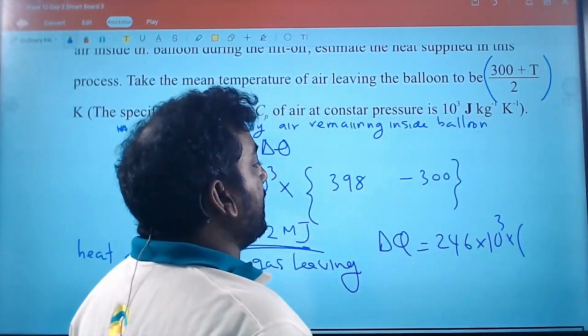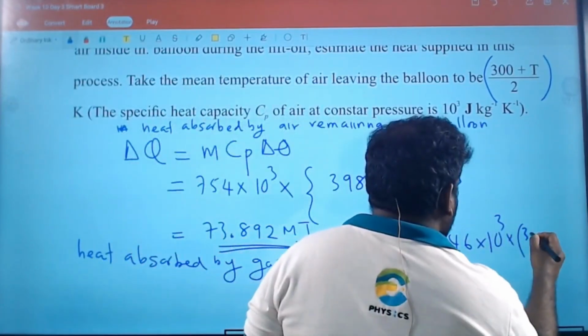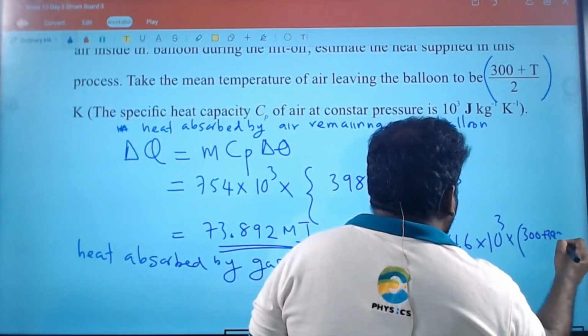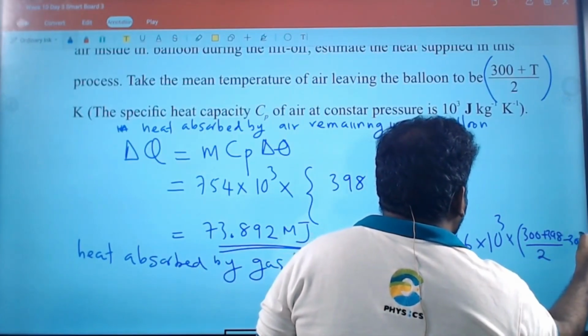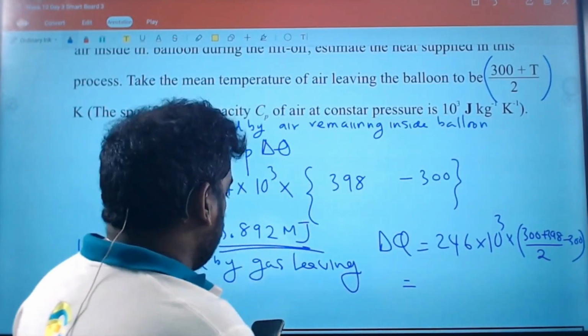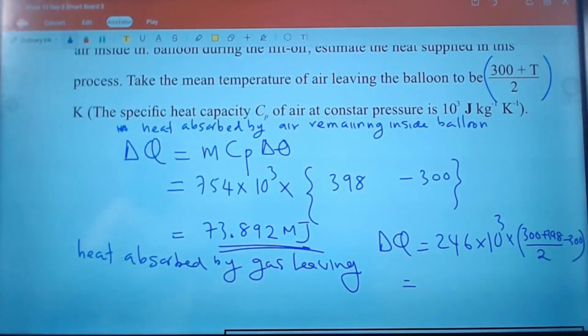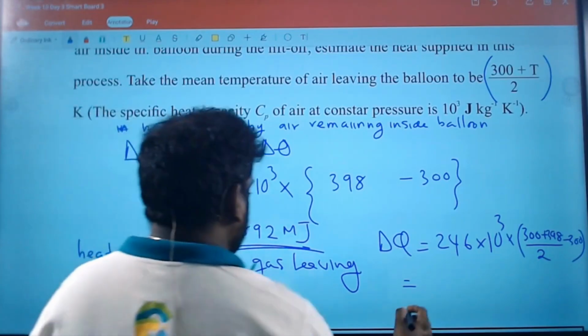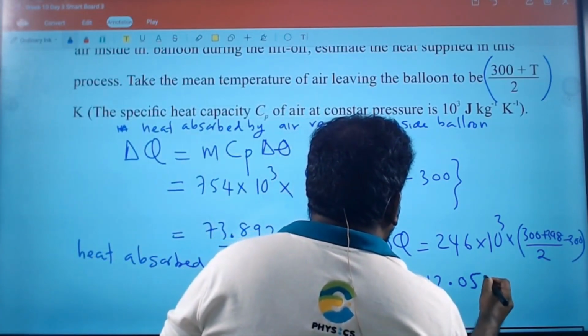After this you can take the average. 300 plus 398 over 2 minus 300. Let's see how much. If you multiply 698 divided by 2, 349 minus 300 multiplied by 246. 12.054 megajoule.